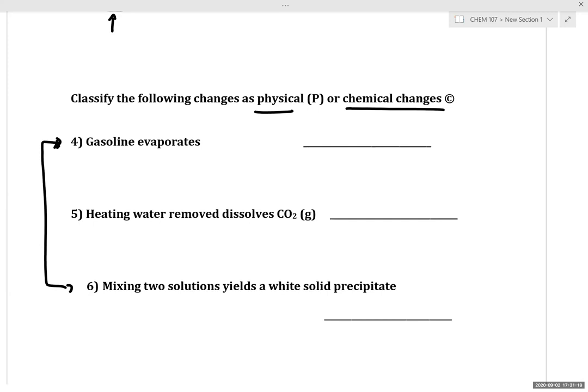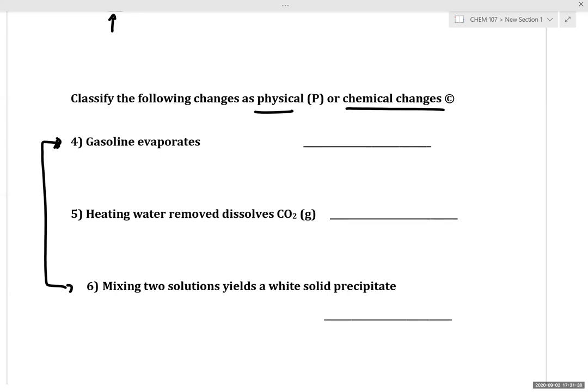And remember, chemical reactions generate or yield new chemical products. Key hallmarks of chemical reactions: generation of gas, production of light or heat, or generation of a solid.